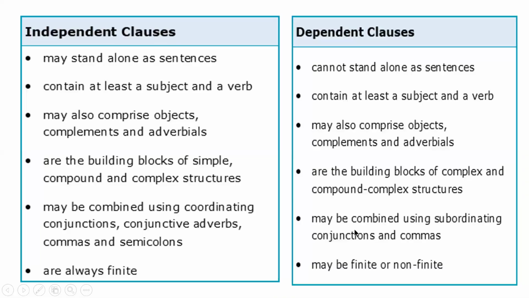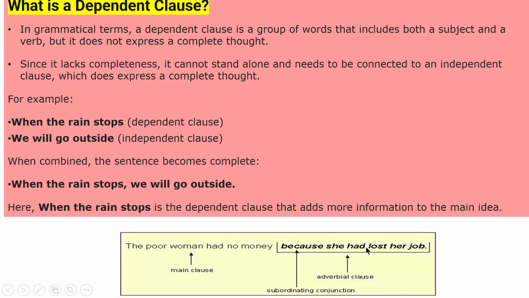That is a very important point, how to recognize the use of subordinating conjunctions and commas. And for independent clauses, we use coordinating conjunctions, conjunctive adverbs, commas, and semicolons. So because she had lost her job begins with a subordinating conjunction.